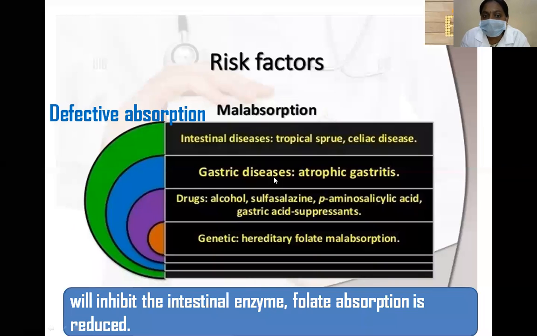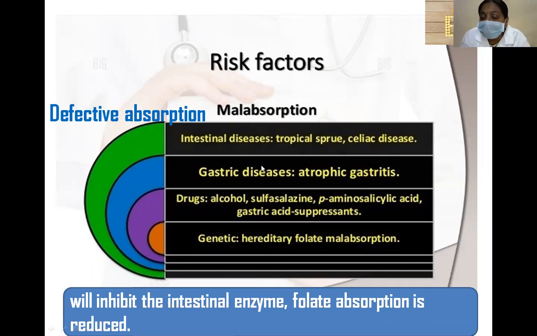Risk factors also include intestinal diseases like tropical sprue and celiac disease, and gastric diseases like atrophic gastritis, where defective absorption leads to malabsorption.